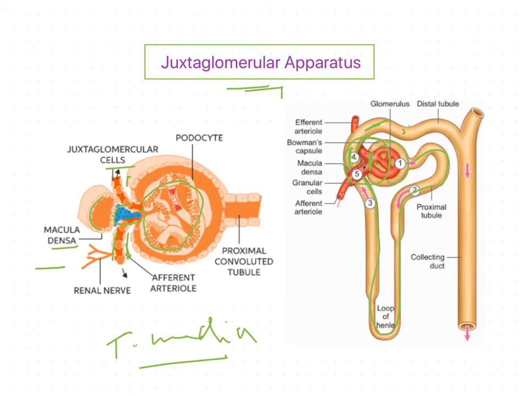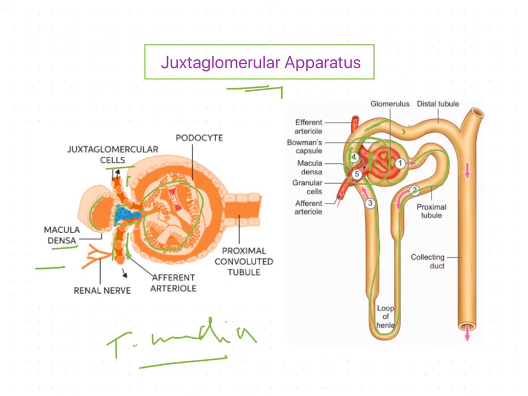Here the internal elastic lamina of the arteriole is absent. So the juxtaglomerular cells are directly in contact with the endothelium of the blood vessel of the arteriole.